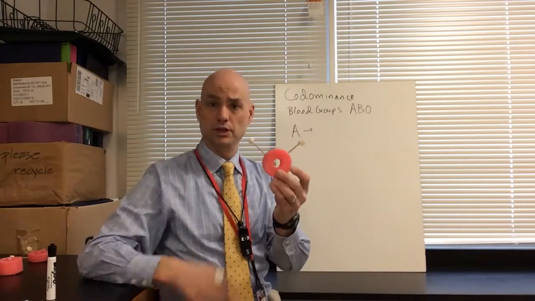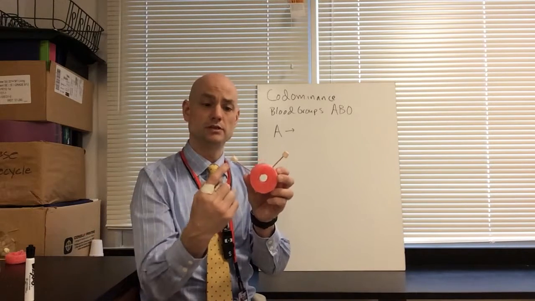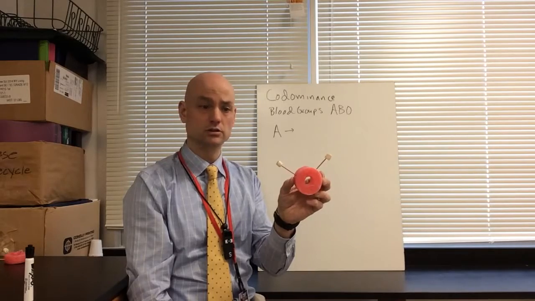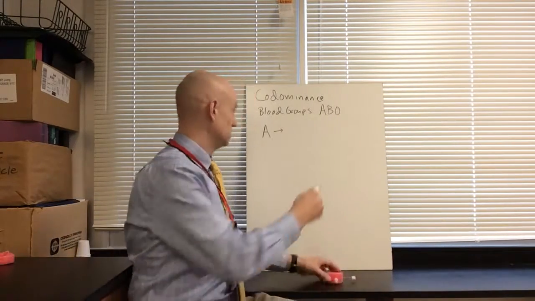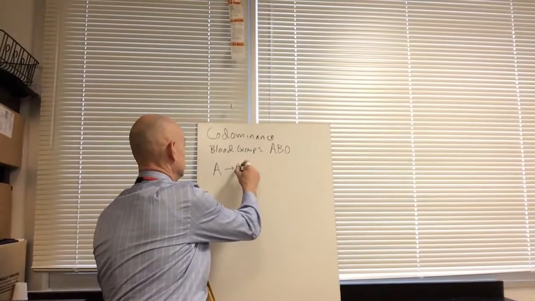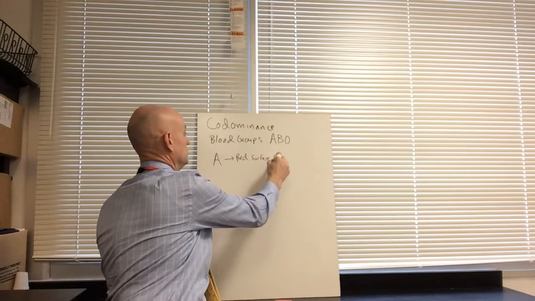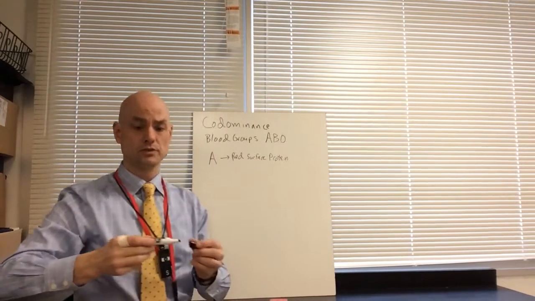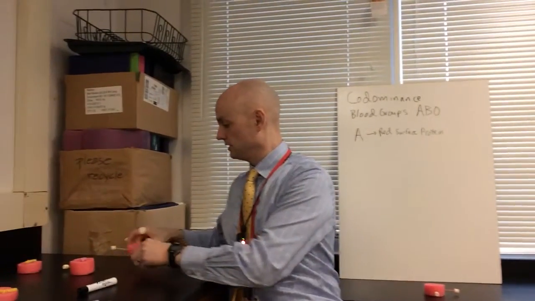So here's an example of a red blood cell, and it's got these surface proteins, which we're going to say is kind of a pink or a reddish color, okay? So we'll say that's type A. So type A has this red surface protein. Type B has a different one.